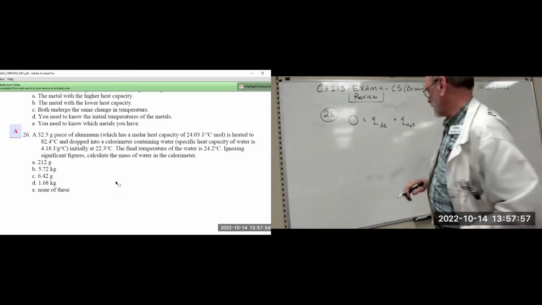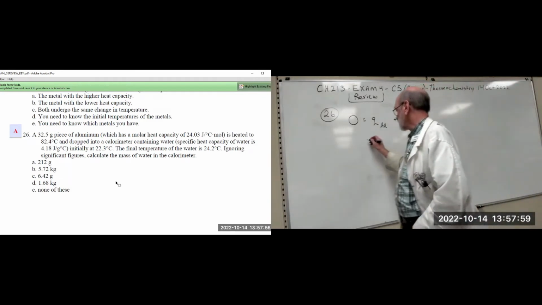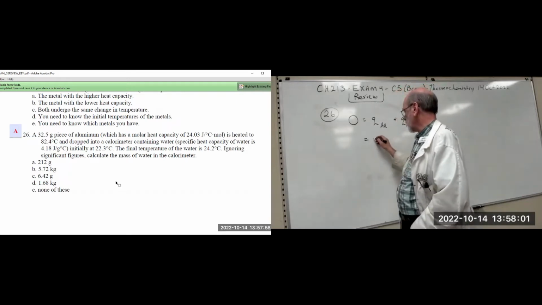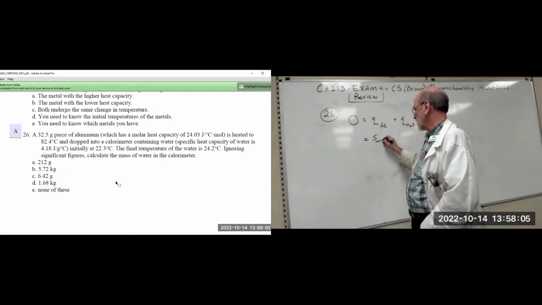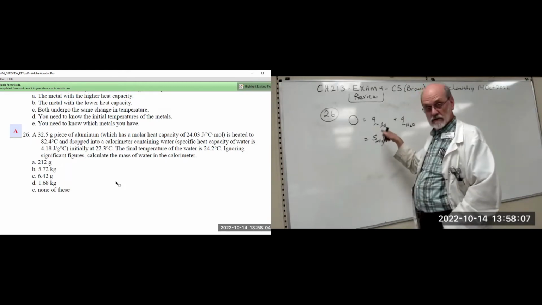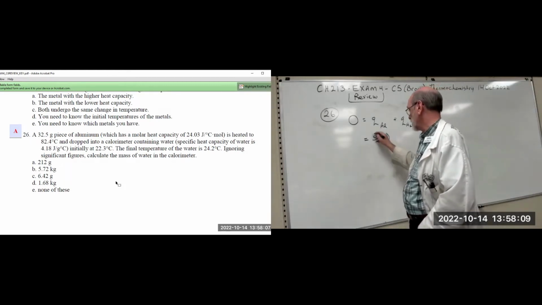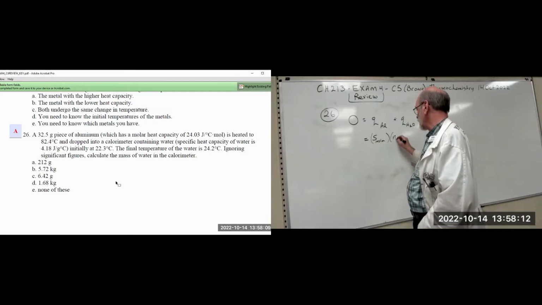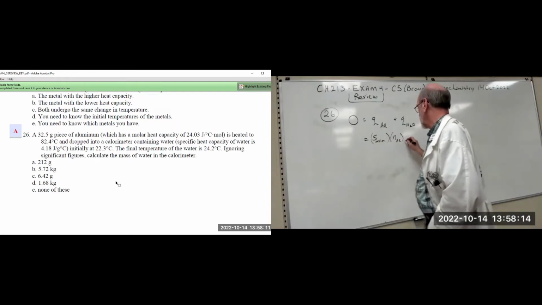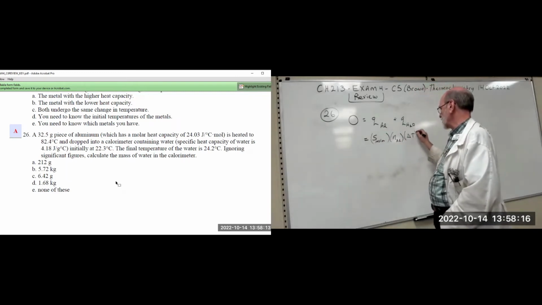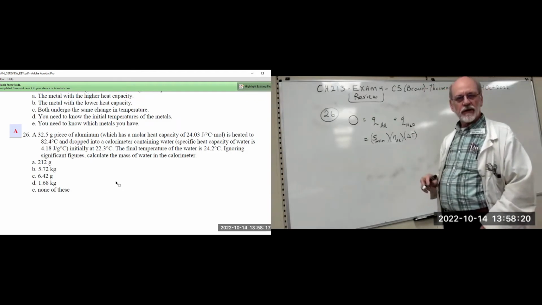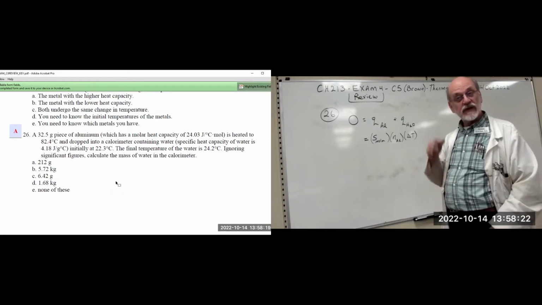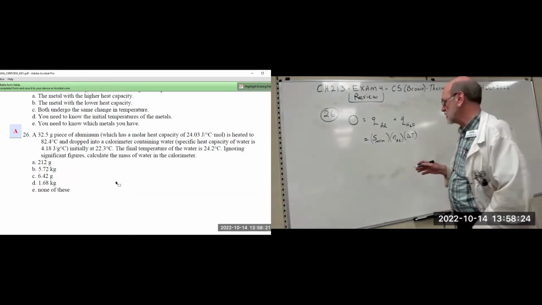Okay. So these terms can be separated out as molar S for aluminum, then we need moles of aluminum times a change in temperature. Okay, so what are we given for aluminum? 32.5 grams. We need to convert that to moles.